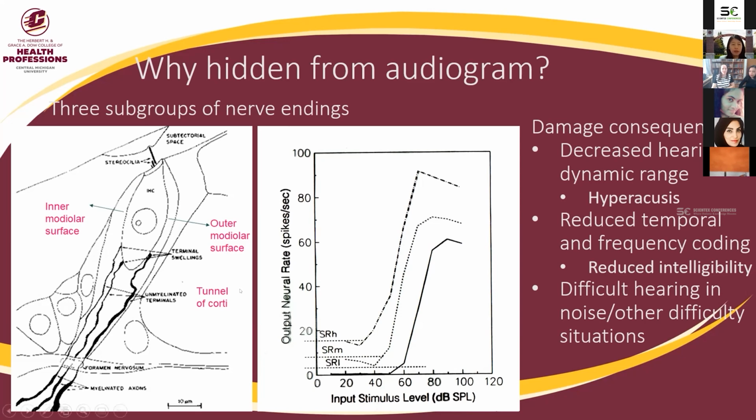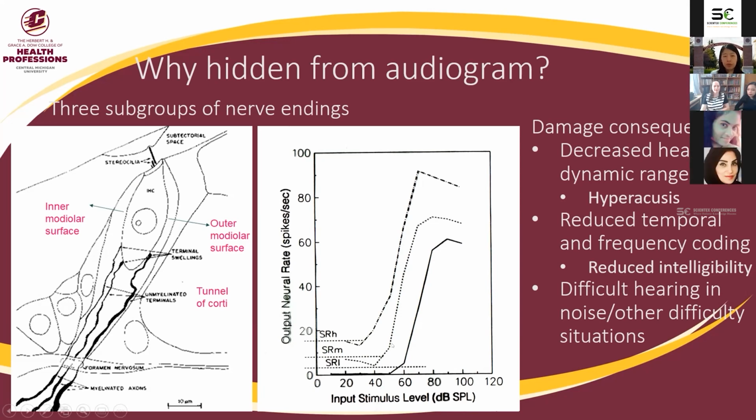Let's take a look at the figure here. It has stimulus level from low to high and the neural response from low to high for high, mid, and low spontaneous rate nerve fibers. The dotted line here indicates the lowest level that will start to stimulate the nerve.